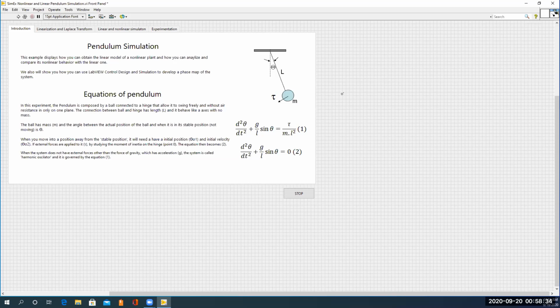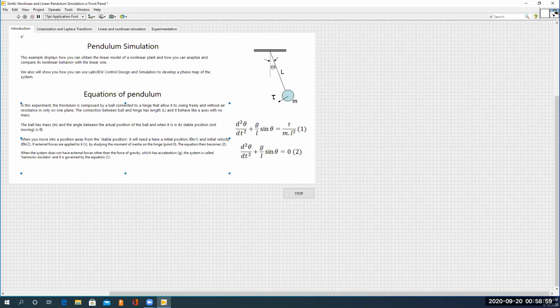Then by using Newton's law, you can get the equation of motion. As you notice, this equation is a nonlinear equation because of sine theta. Then you know how to approximate the nonlinear term by a linear term.